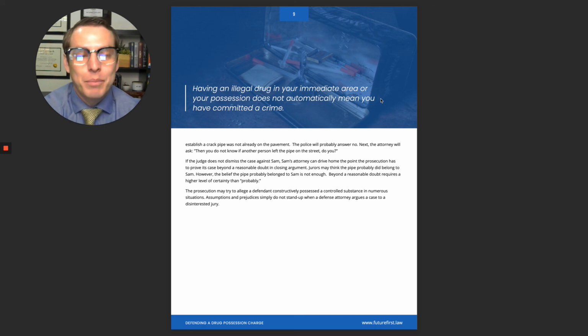What I'm saying here is basically there's so much of a gamble with a jury that if the jury has to decide, they may convict the defendant based on how the defendant looked that day at court, based on the fact that they believe, well, maybe this could have been their pipe. It's very hard to explain.